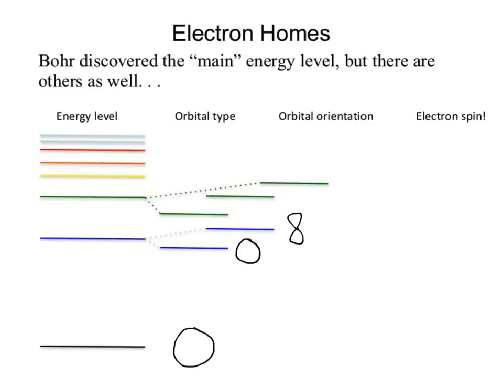When I look at that dumbbell shape, I'm saying the electron can exist in one fist and the other fist, but it can't exist anywhere else. It can't exist in the space between my fists. Well, how does it move from one to the other? Quantum tunneling. Don't worry about it.